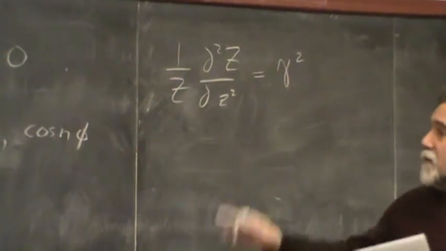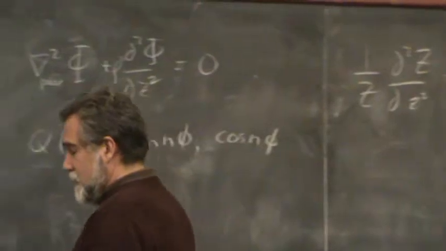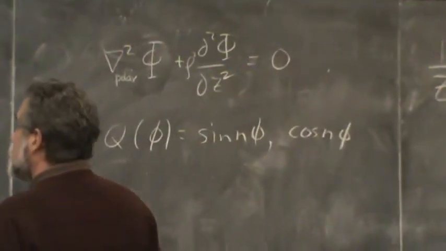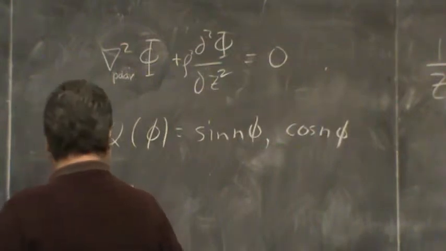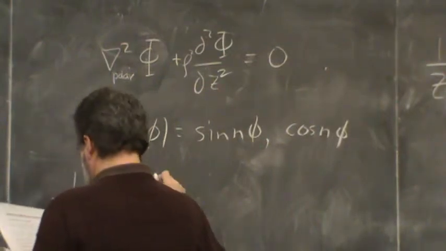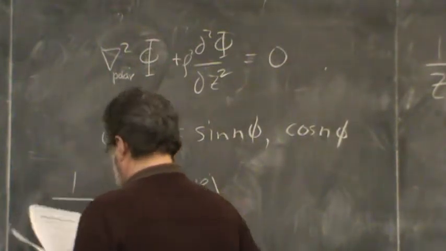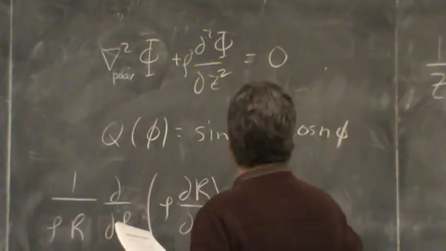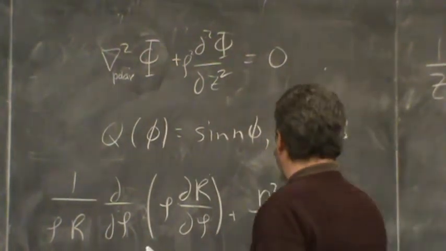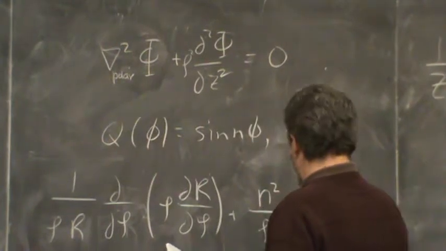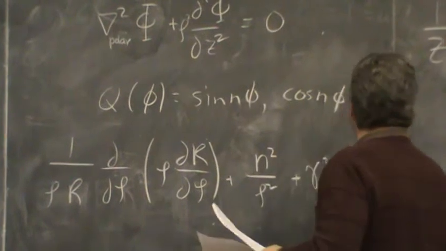So now I've taken care of the z, but what that does is it really messes up the solution in rho. So I get 1 over rho d by d rho of rho, d by d rho, plus n squared coming from the Q solution over rho squared, plus gamma squared is equal to 0.